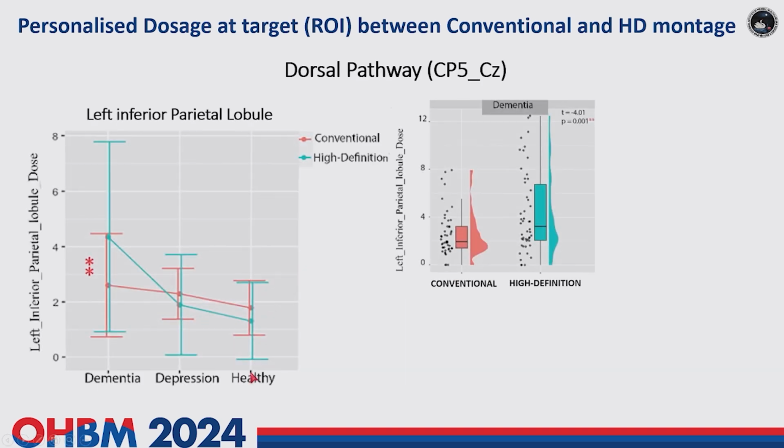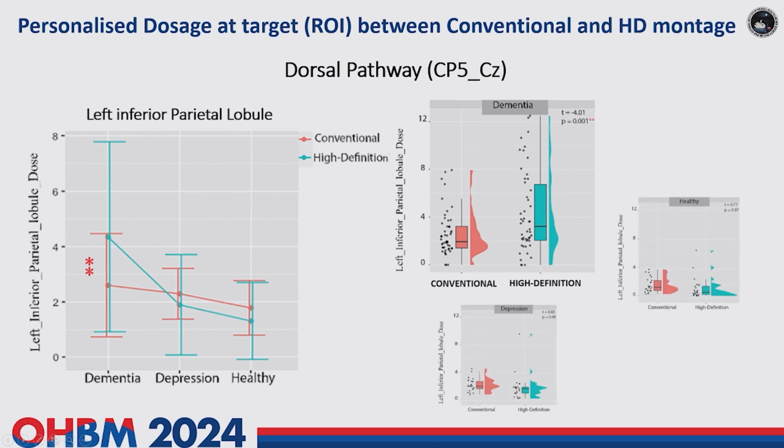If you see this mean standard deviation plot, you can clearly see that the conventional dose requires very significantly low dosage as compared to the HD electrodes.